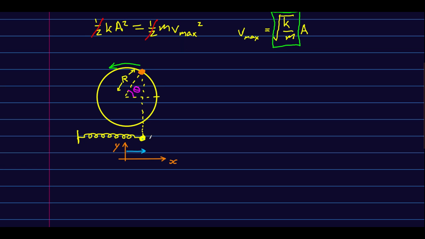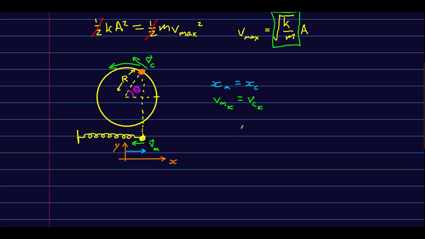But that also means that the x component of the velocity of the mass on the spring, which I'm going to call V_m for v mass, is equal to the x component of the velocity of the thing undergoing circular motion, which I'll call V_c. So what we have is that x_m is always equal to x_c, and V_m x component is always equal to V_c x component.